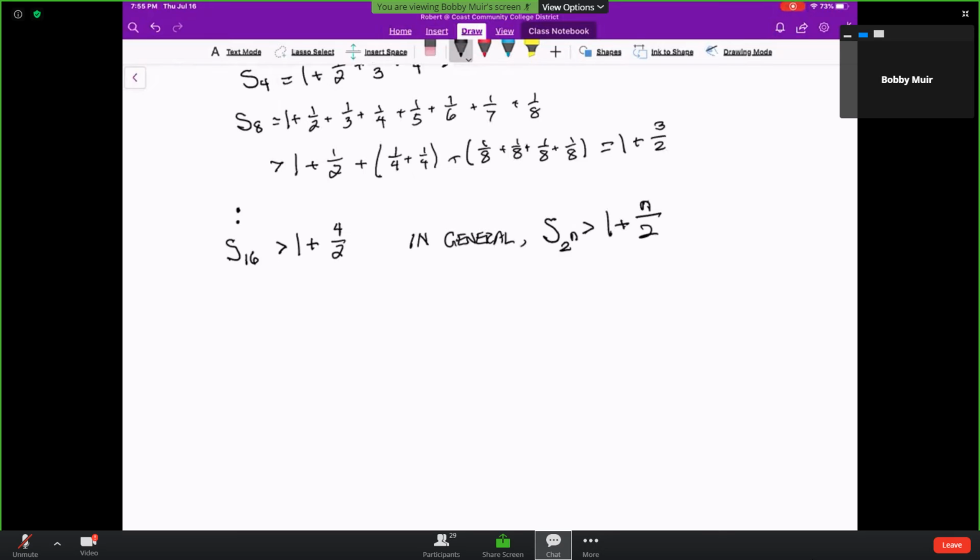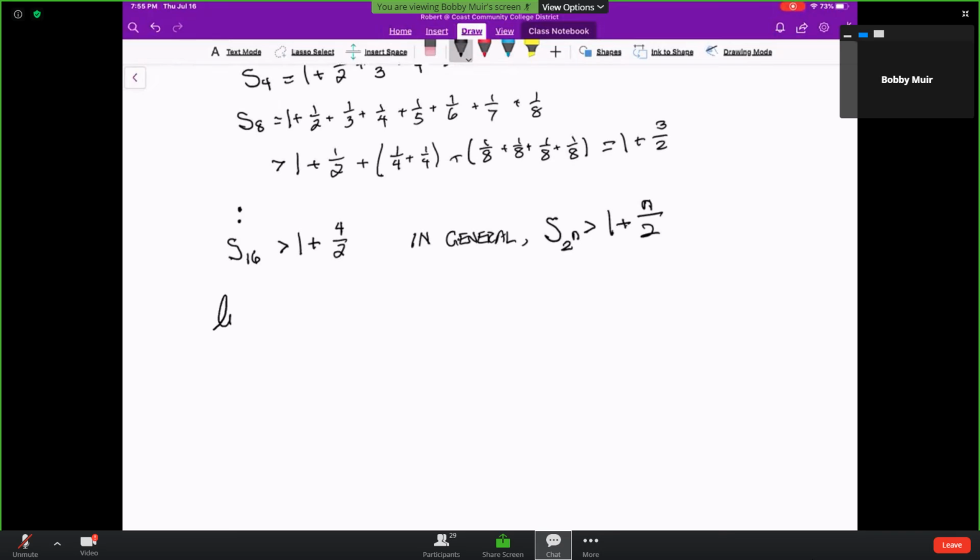Now, because we're doing this with limits at infinity, the limit as n tends to infinity of Sn is going to be the same thing as the limit as n tends to infinity of S sub 2 to the n. There's just more terms. And this is larger than the limit as n tends to infinity of 1 plus n over 2.